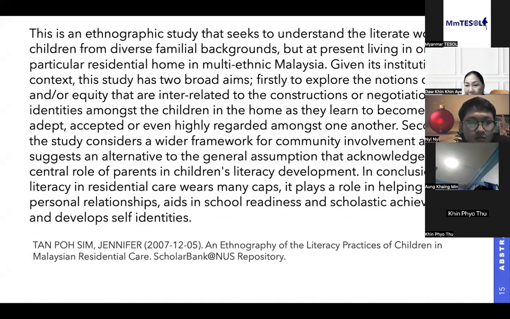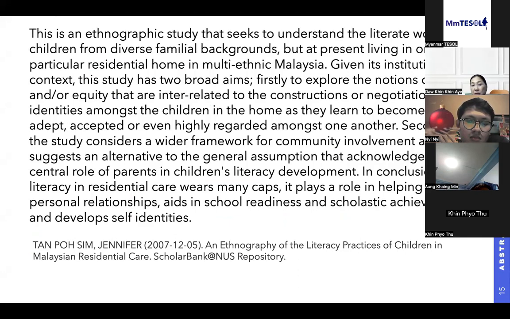Now let's look at some examples, because sometimes without seeing examples, it is really difficult to see. This one is Jennifer's PhD paper. You can even download it from ScholarBank at the NUS repository. This is an ethnographic study that seeks to understand the literacy world of children from diverse family backgrounds, but at present living in one particular residential home in multi-ethnic Malaysia.